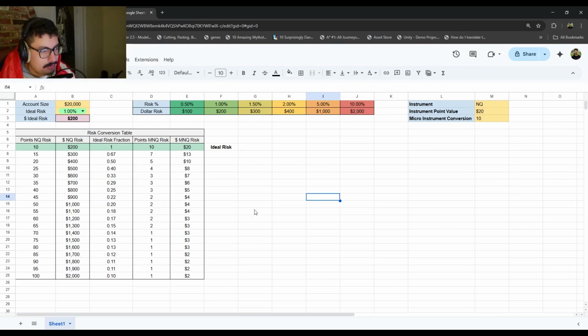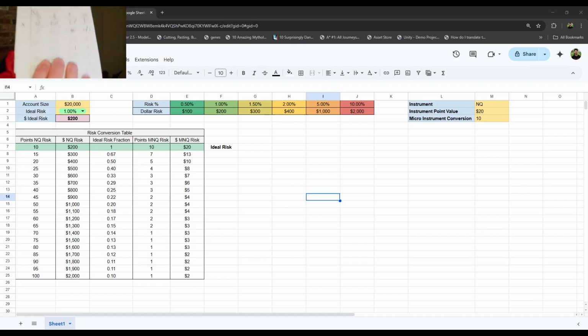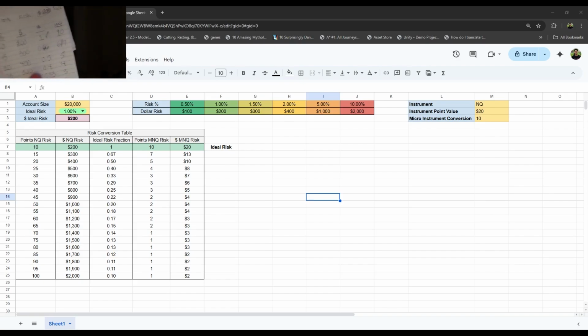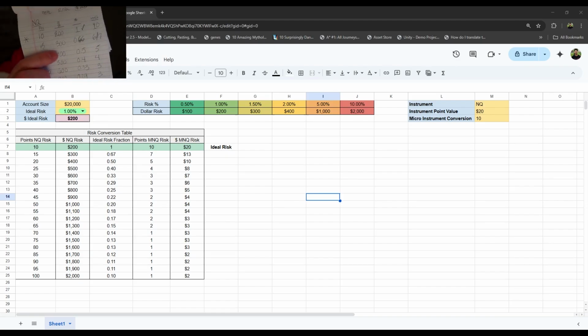This is probably backwards, so it doesn't really matter. But you can't even see that. No, you can see that. $2,500 on NQ is $500. The fraction doesn't really matter, but I would have to multiply this number by 0.4 to get to my ideal. I only want to risk $200.